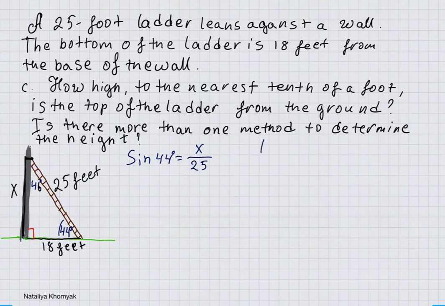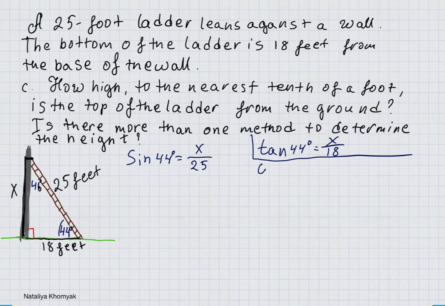Tangent is also a function that uses the opposite side. So tangent of 44 degrees would be opposite, X that we are looking for, divided by adjacent, which would be 18 feet. You could also use 46 degrees and have the adjacent side.